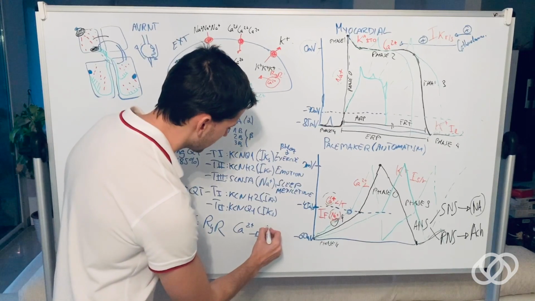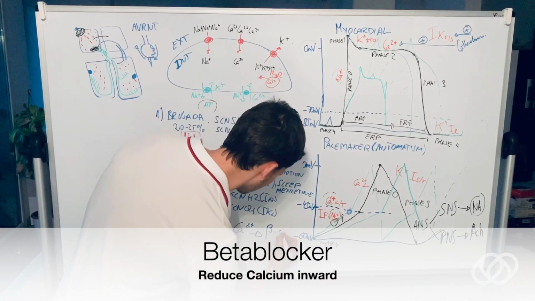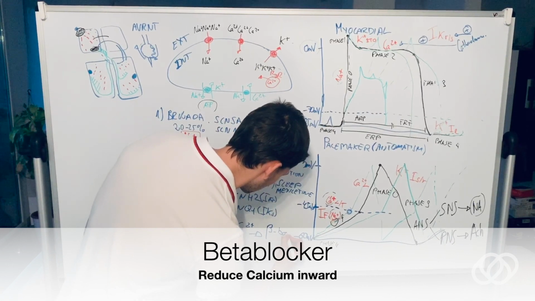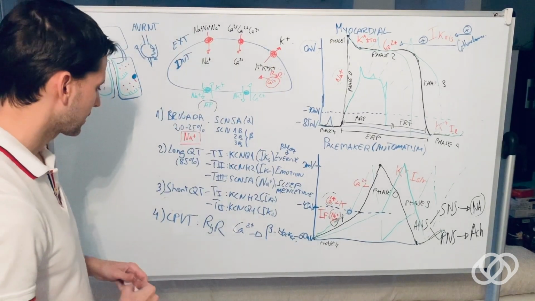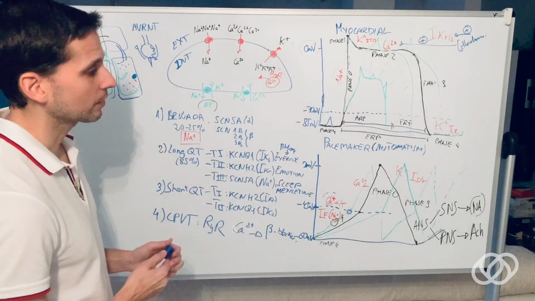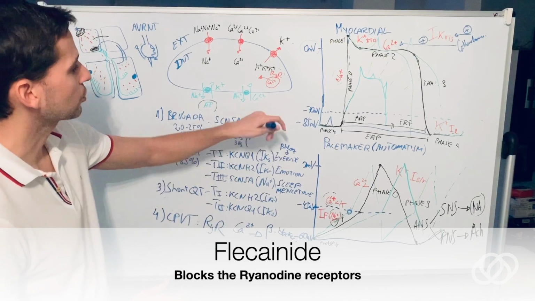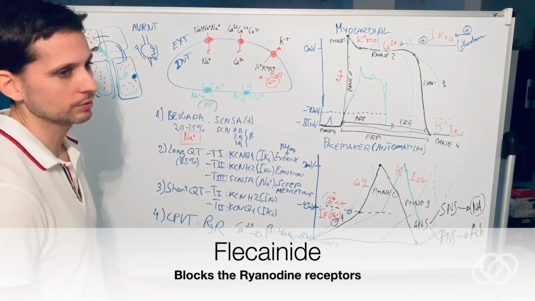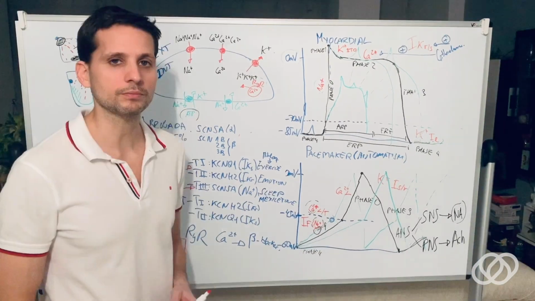So usually beta blockers are going to be the treatment of CPVT. As we will see, we can also give other drugs like flecainide, because they have also shown to block this ryanodine in the sarcoplasmic reticulum.